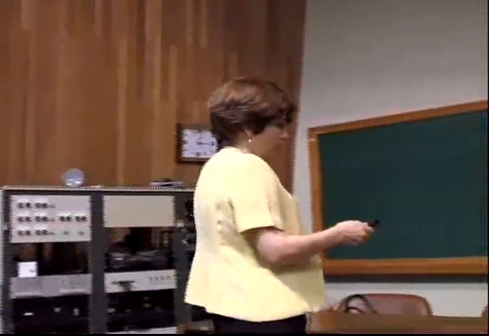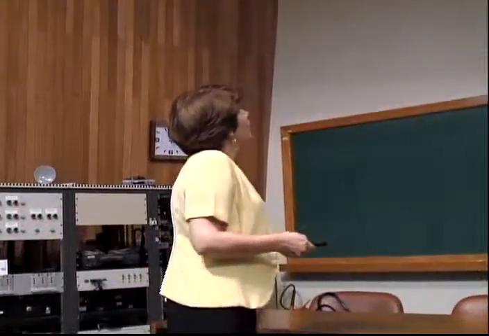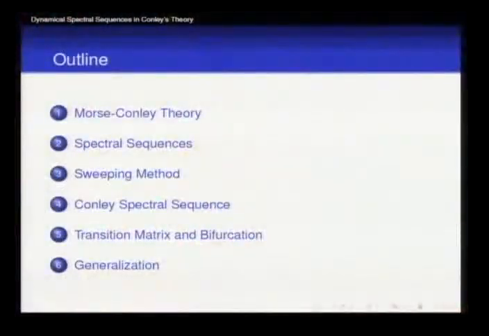The outline we'll follow is, first, very quick basic definitions, actually Morse theory, because the Conley theory is a generalization, which we won't really be able to talk about. Then we'll talk briefly about spectral sequences, a method we developed.